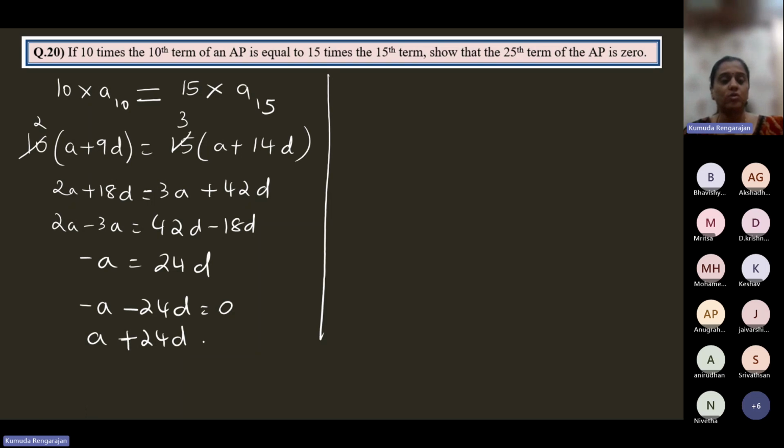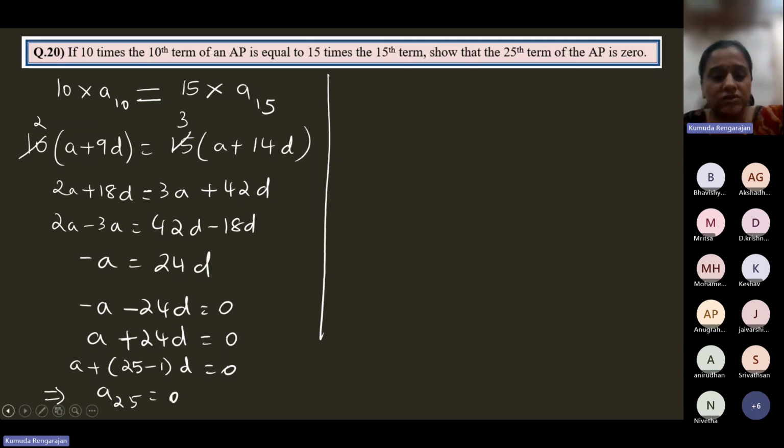So changing the sign throughout, you'll get a plus 24d is 0. That means a plus 25 minus 1 into d is 0. This implies A25 is equal to 0. The 25th term is 0. Yeah, right on. We'll do it again.